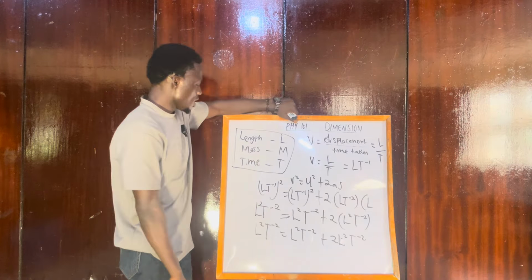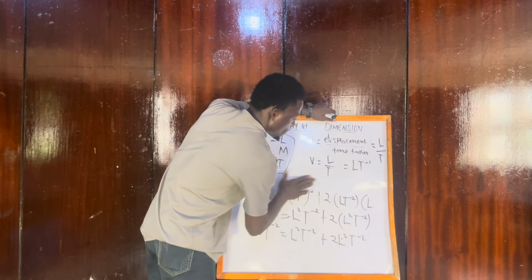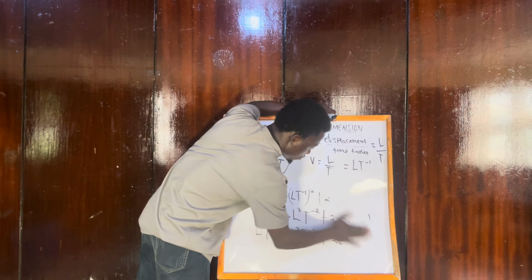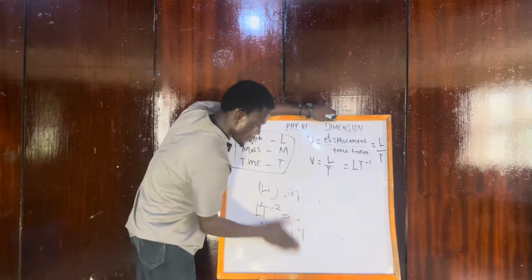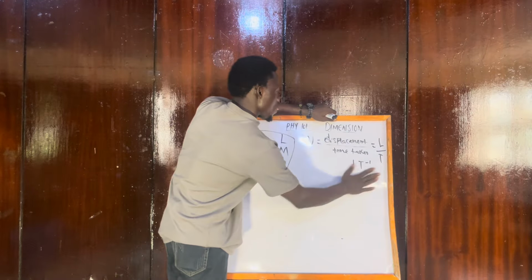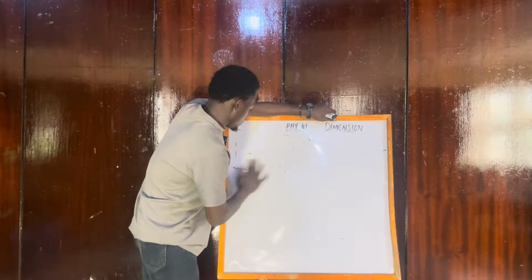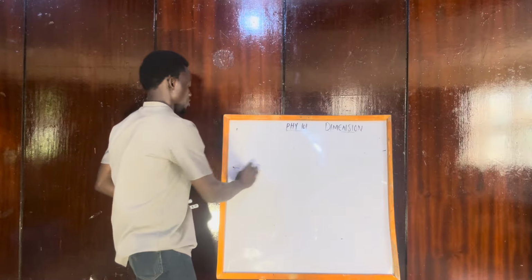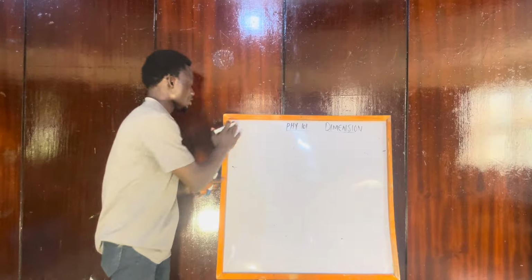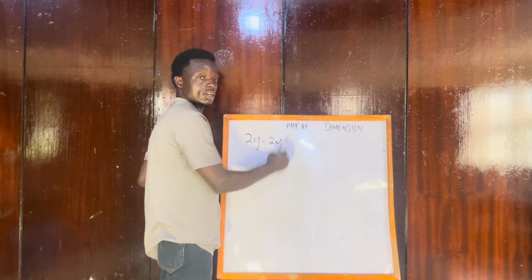Now, let's move to another aspect. Let's say I give you a question like 2y minus 2y.